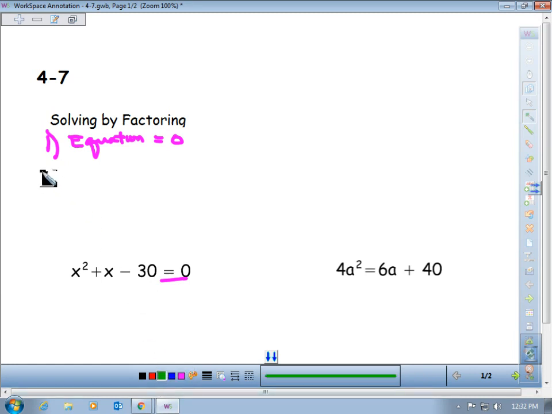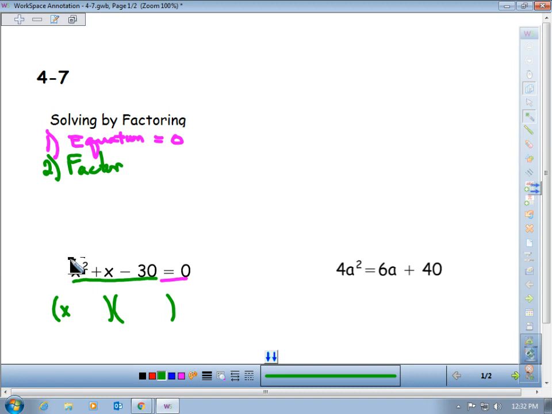And then the second step, guys, is to factor the non-zero side. So we're going to look at this non-zero side here, and we're going to factor it. So I see three terms. I don't see a greatest common factor, and it is three terms, so that's going to make me think of reverse FOIL. Okay, so I'm going to make my two parentheses.